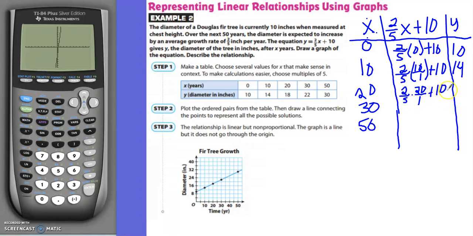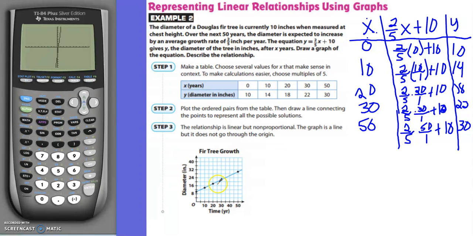This would get you 8. 8 plus 10 is 18. You have 2/5 times 30. This would get you 12. 12 plus 10 is 22. And then you have 2/5 times 50. This will get you 20. 20 plus 10 is 30.